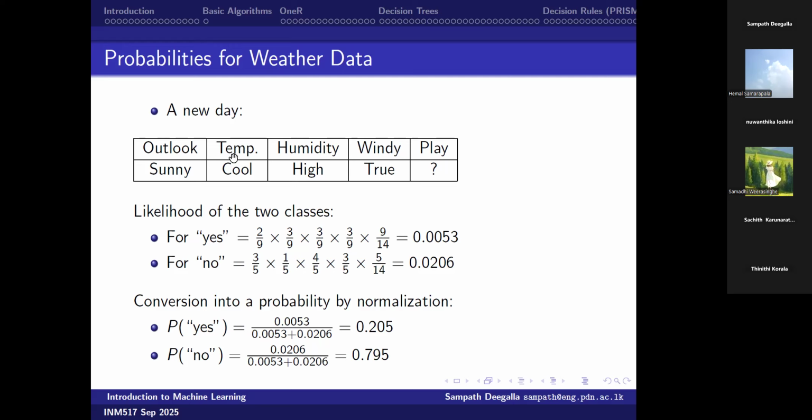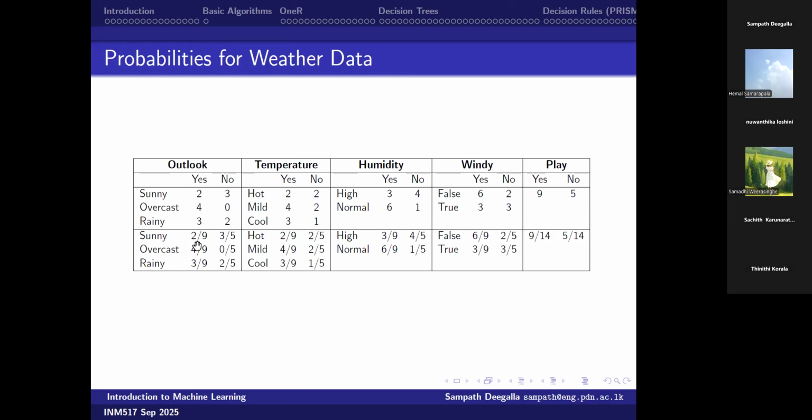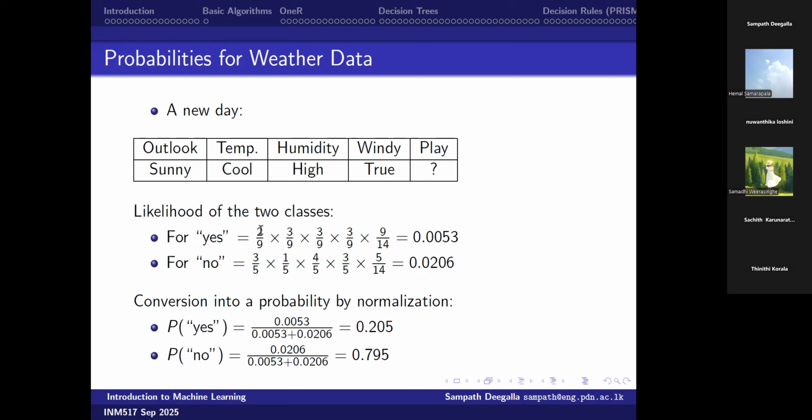First of all, you have to get the probability values for both yes and no. Outlook sunny: the two values are 2 out of 9 and 3 out of 5. This is for outlook sunny. Likewise, you can find temperature cool, humidity high, windy true.